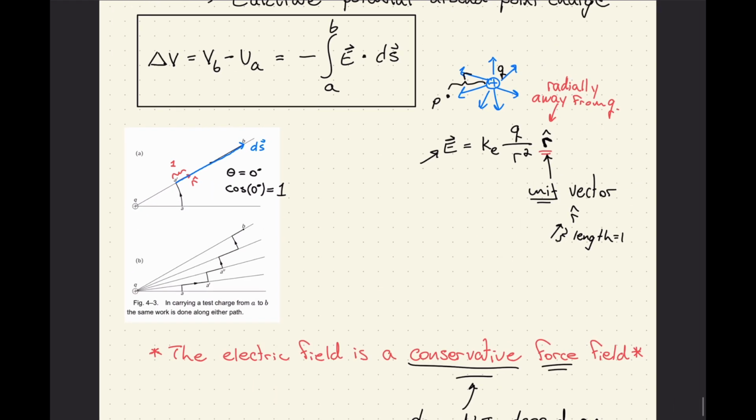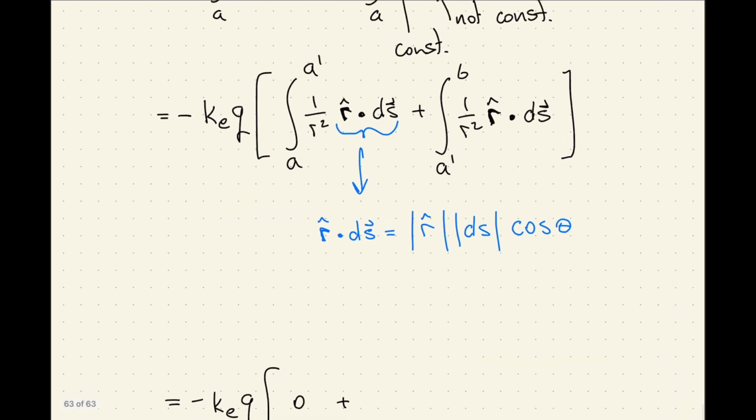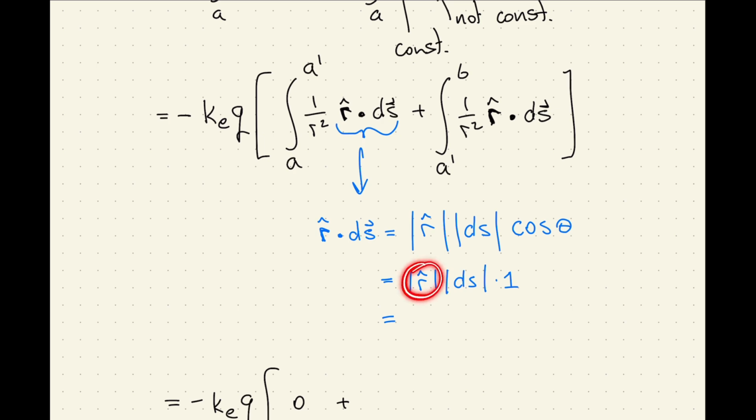Now let's go back and quickly write that in before we forget. So we have the magnitude of r hat, I'm going to fill that in in just a second, the magnitude of ds, and the cosine of 0 degrees, which gives me 1.